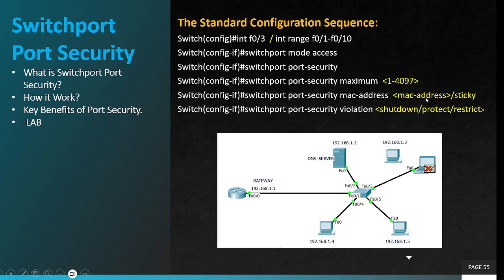Here you can either put the static MAC address or you can put sticky. As you know, with sticky the switch will learn the MAC address and make it static. Switchport port-security violation: shutdown, protect, and restrict. And you know about them.